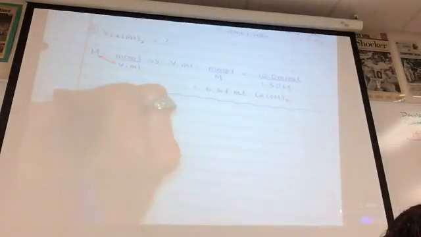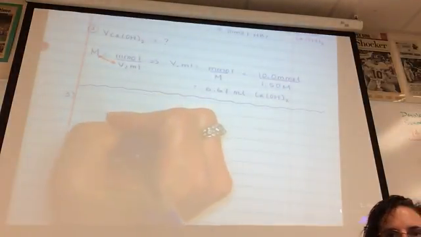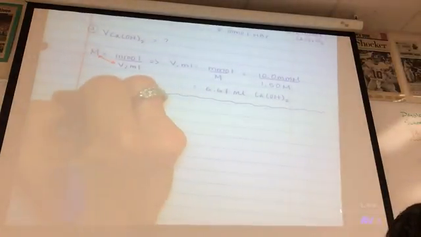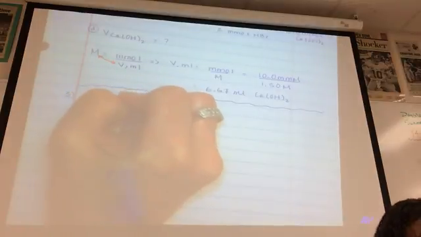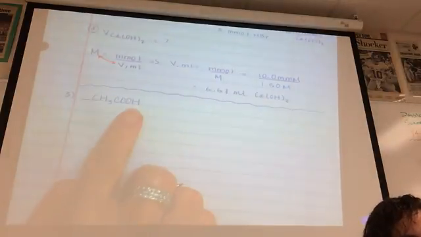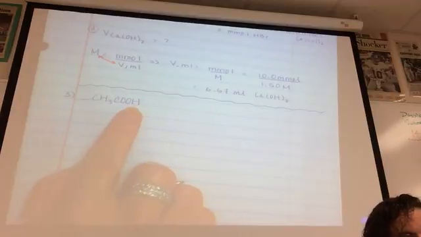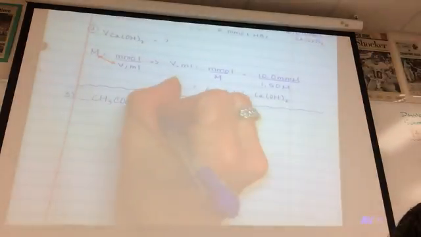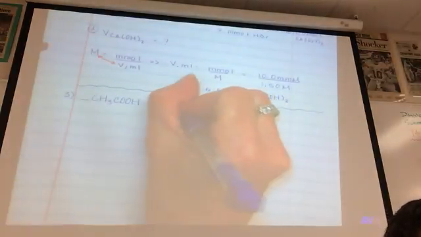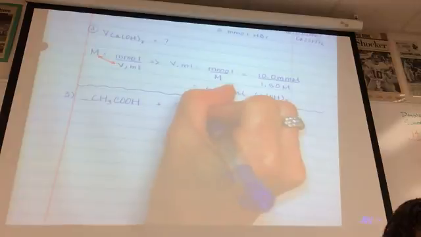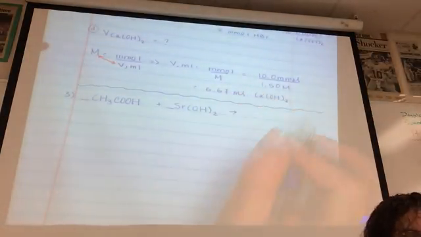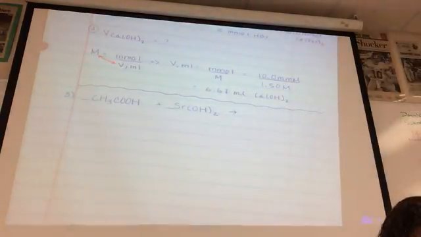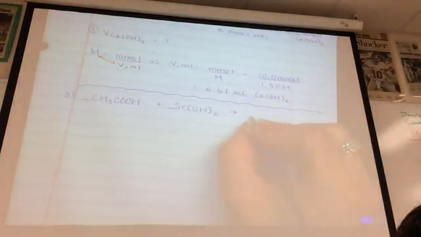What is my acid? Acetic acid. And remember, the ionizable proton off a carboxyl group is that H attached to the carboxyl group, if you will, part of the carboxyl group, I should say. And we're going to react it with strontium hydroxide. This is a little unusual with the insides and the outsides, so I'll help you with this one.